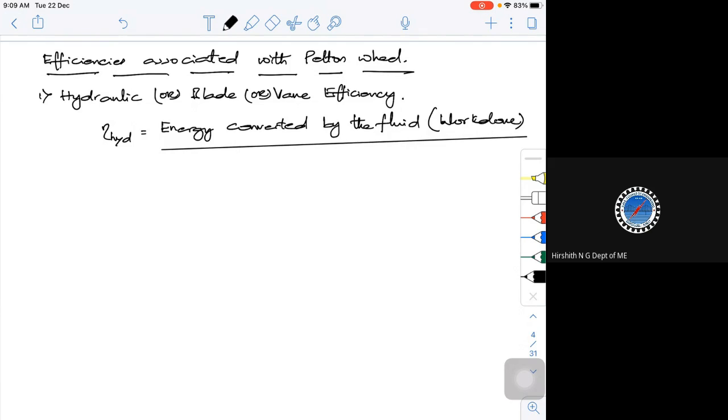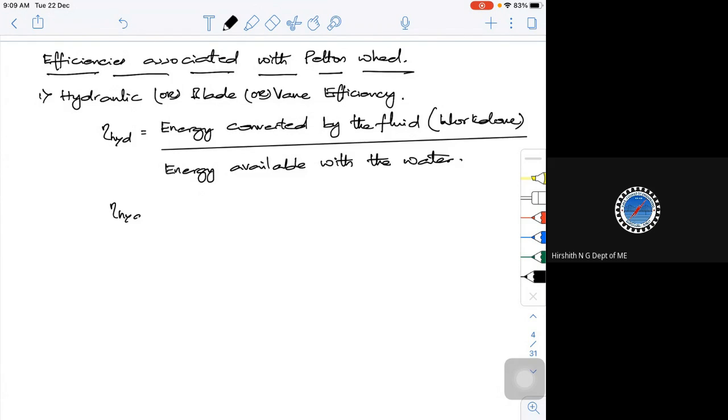the energy available with the fluid, that is with the water. Or what is your work done actually, I can write in terms of your Euler equation.